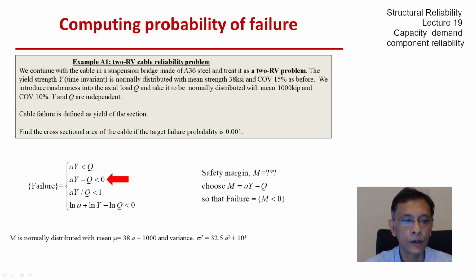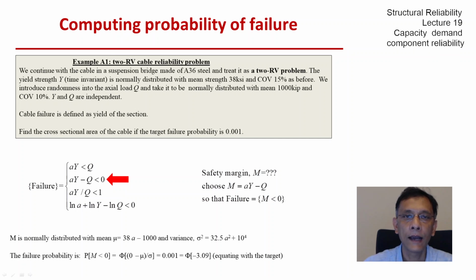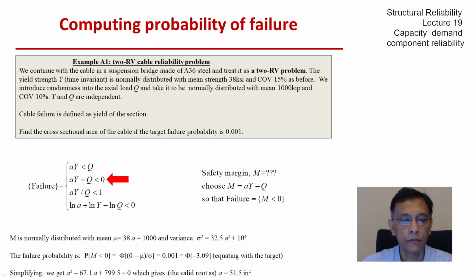From that point on, it becomes a one variable problem in the cross-sectional area A, because we are putting in all the values of the mean and variance of Y and Q. So in the end, we have to solve the problem that the failure probability is 0.001, and that gives me the answer for A. It's 51.5 square inches.